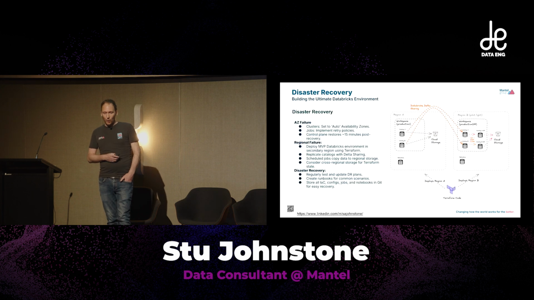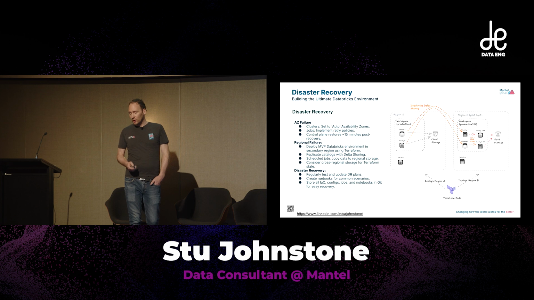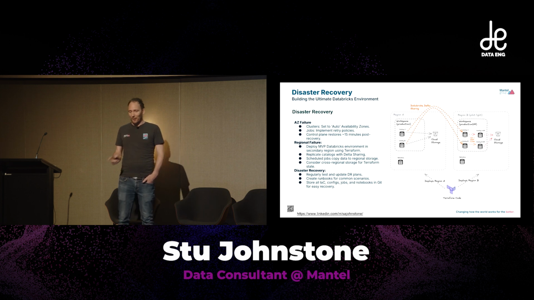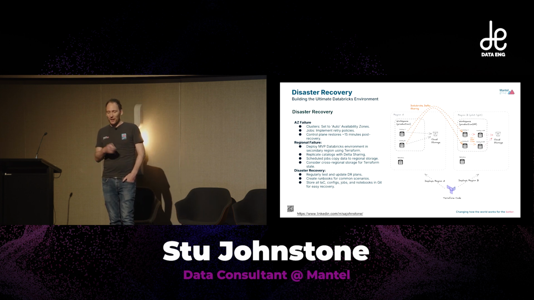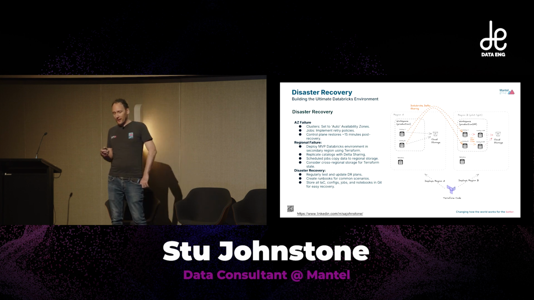Okay, next I'm going to talk about disaster recovery. If anyone's read the Databricks documentation, you may notice that it's a little bit light in some areas, particularly on the DR page, on how you actually deal with the data. It goes into great detail about how you deal with notebooks and policies, but skips over the actual data. Before I go into this, it's probably worth mentioning a few points.